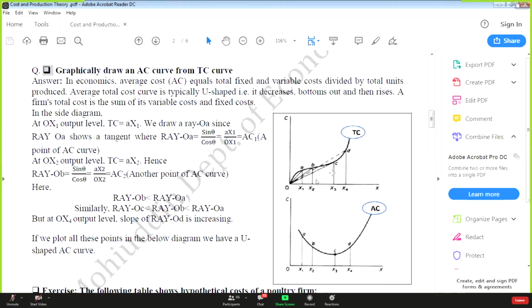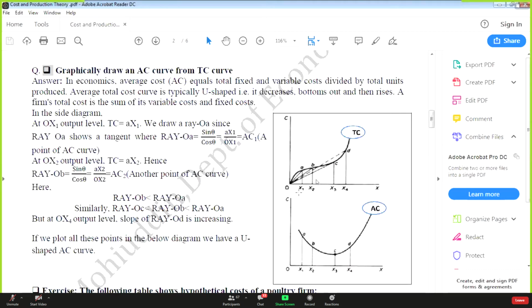So here we are discussing how to draw an average cost curve diagram from a total cost diagram. Look, this is a long run total cost diagram, and here I have shown different amounts of output produced. X1 output is produced, X2 output is produced, X3 output, X4, in this way. Now, for example, this is the shape of long run total cost. Let at the very beginning the producer have produced X1 level of output, that means at OX1.